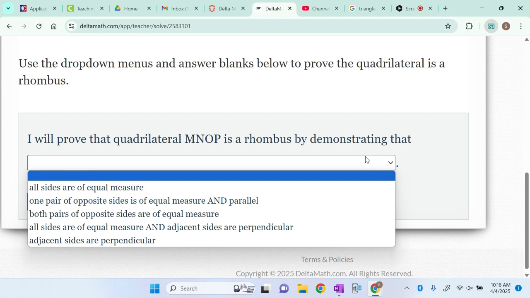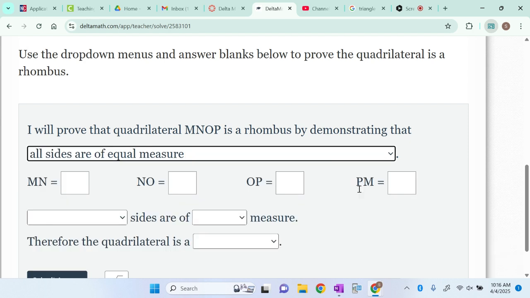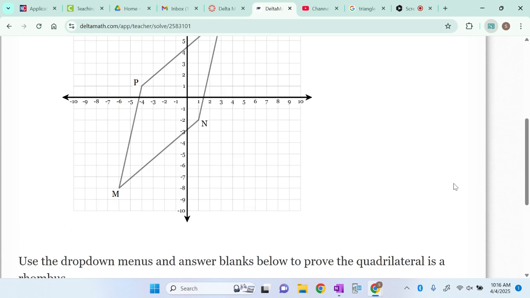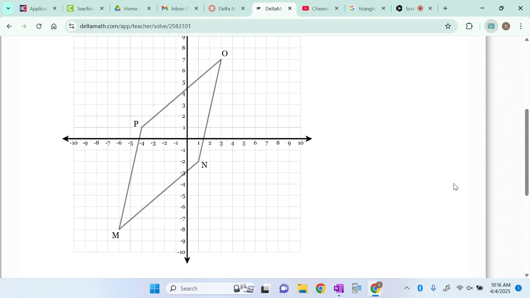Now, there's a couple ways I can do this. What's the only thing that has to be true about a rhombus specifically? All the sides are of equal measure. Now, you technically learned this back in Math 1, but we're just going to work our way around it.